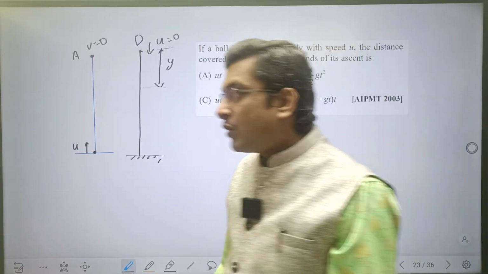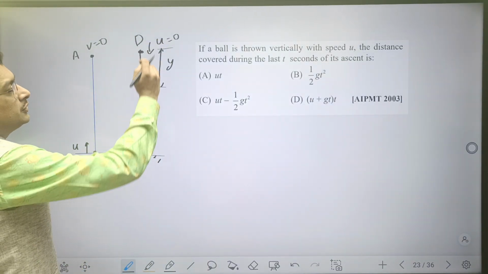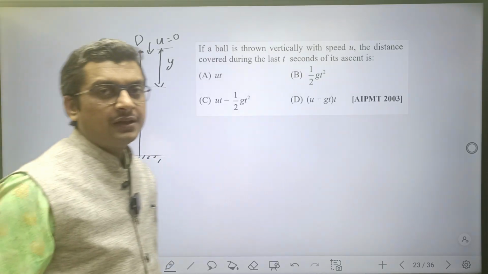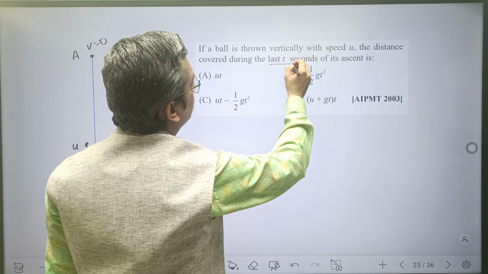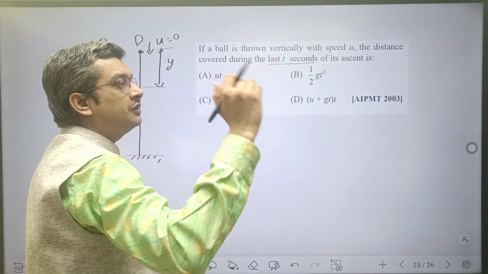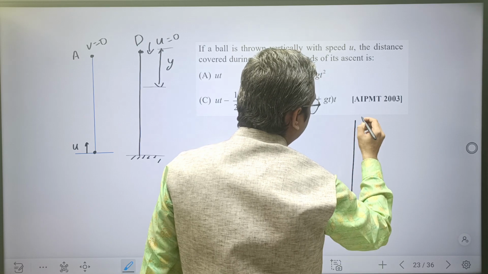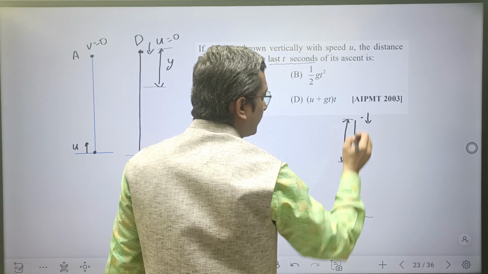It must be equal to the distance covered by the ball during free fall in the first 3 seconds of its journey, isn't it? So in this question you are asked to find the distance covered in the last t seconds of its ascent. It will be equal to the distance covered by the free fall ball during the first t seconds.